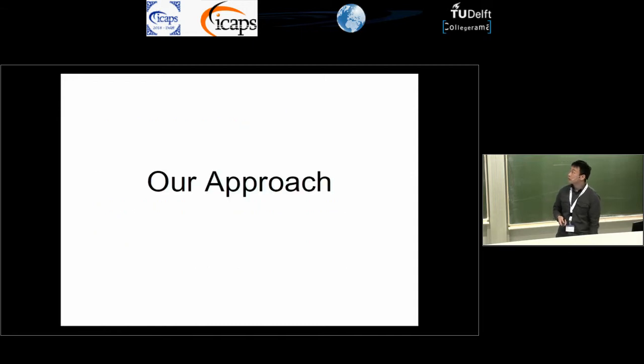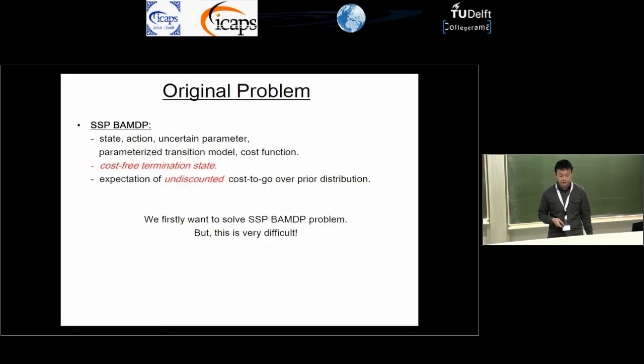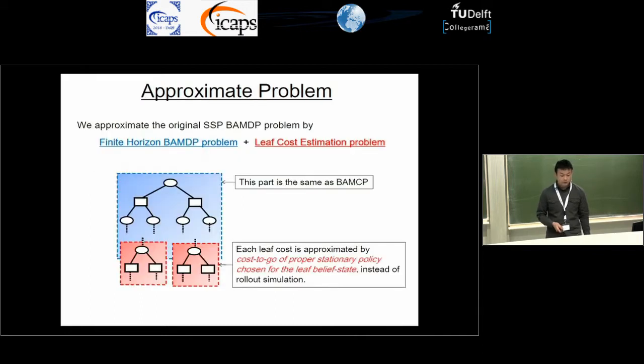Now, I'd like to talk about our approach. So we firstly want to solve the BAMDP extension of the SSP problem, but this is very difficult. So we approximate the original SSP BAMDP problem by a finite horizon BAMDP problem described here, and a leaf cost estimation problem described in this part.